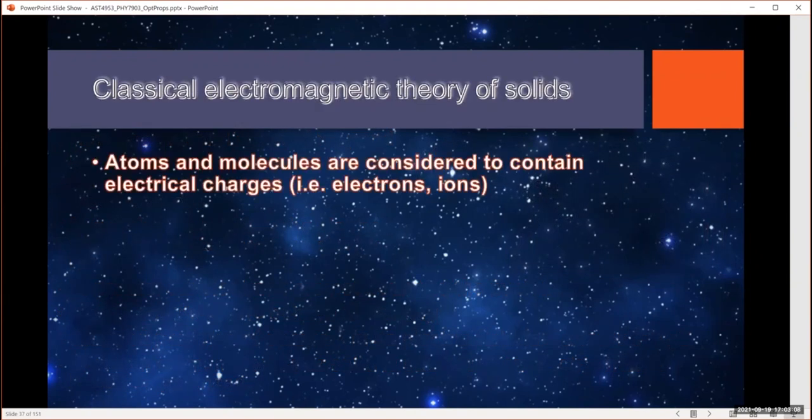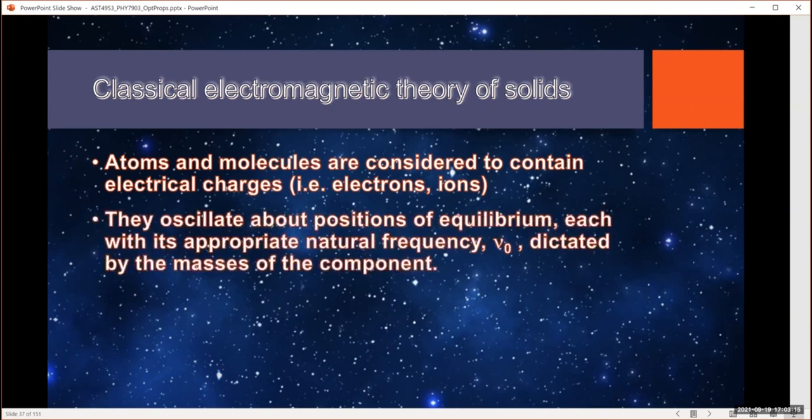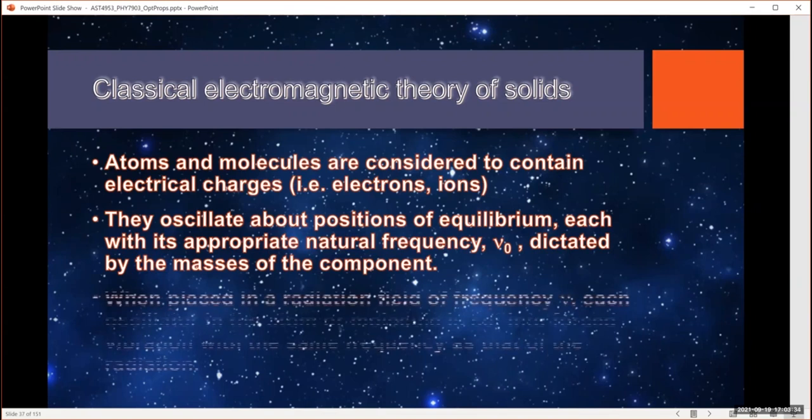Okay, so as we just said, atoms and molecules are basically made up of electrical charges. You've basically got electrons and an ion or a nucleus. And they're going to oscillate around, and that's going to depend on their specific masses. So you're going to have a natural frequency that the atoms, the electrons and the ions oscillate relative to each other.